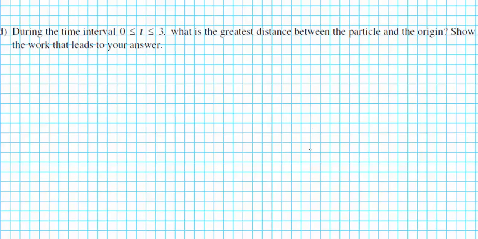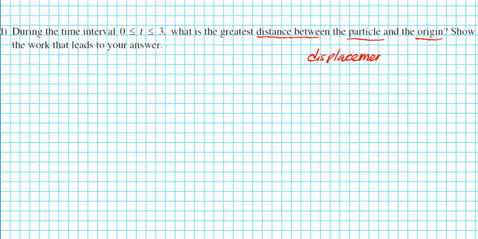Okay, now there is a difference between this question and the previous one. What is the difference? This is not talking about distance traveled. It's talking about the distance between the particle and the origin. So guess what? We're looking at displacement here.